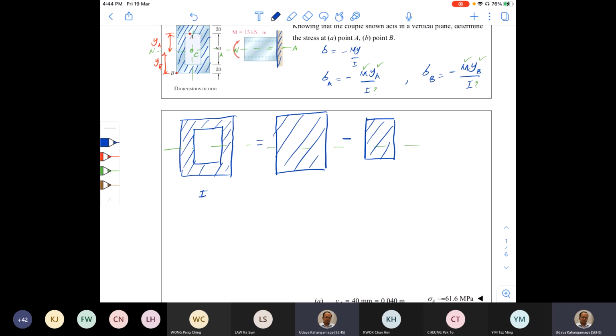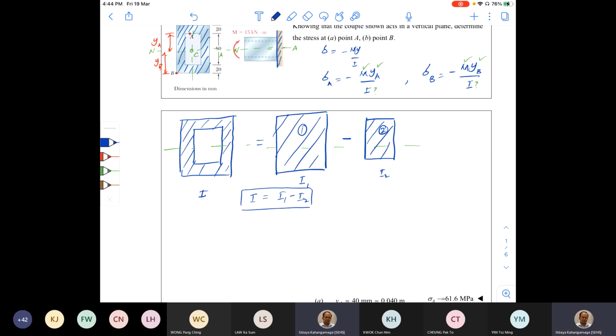Then you get the bigger cross section, the hollow cross section, right? So if you know the moment of inertia of this one about its neutral axis and the moment of inertia of this one about its neutral axis, then I of the total section is equal to I1 minus I2. So this is how we find the I.